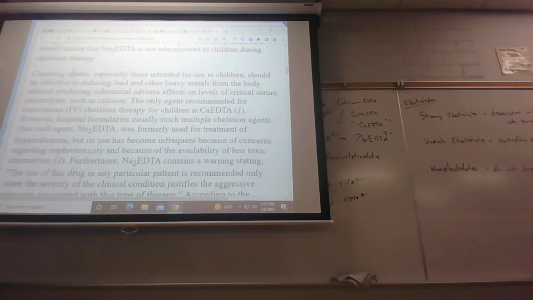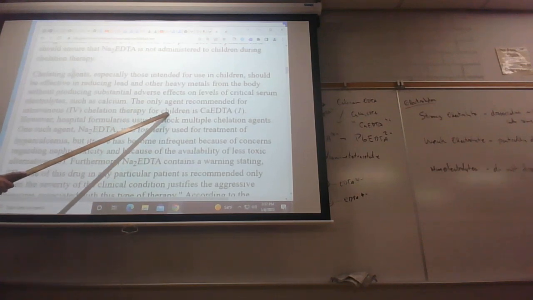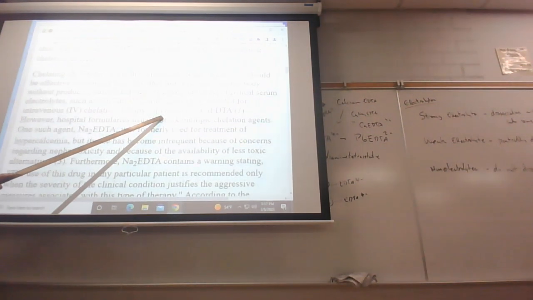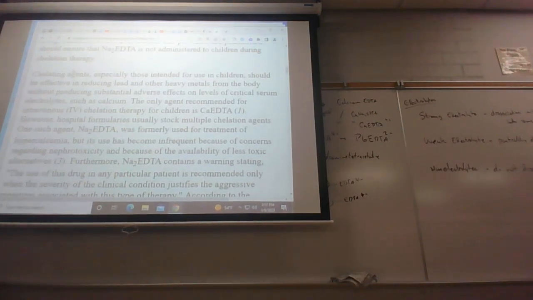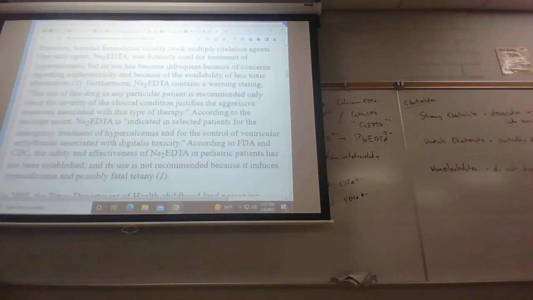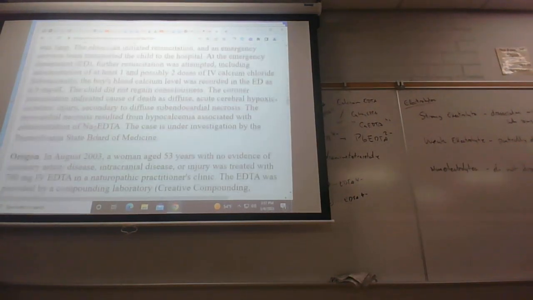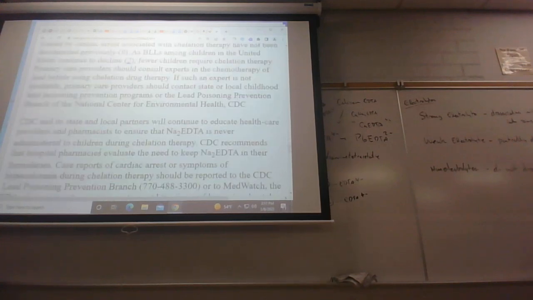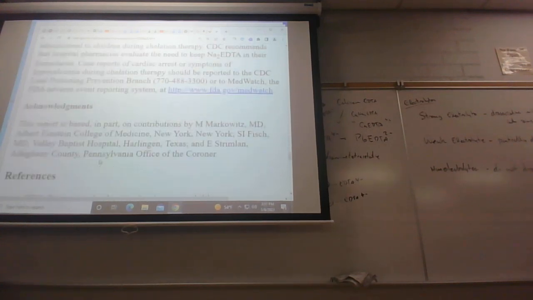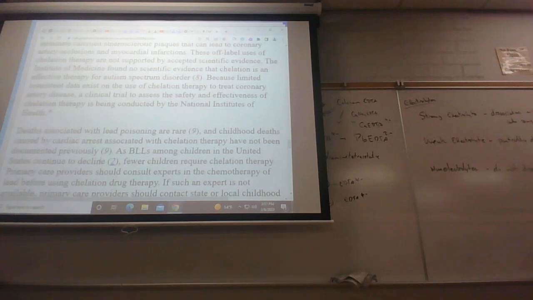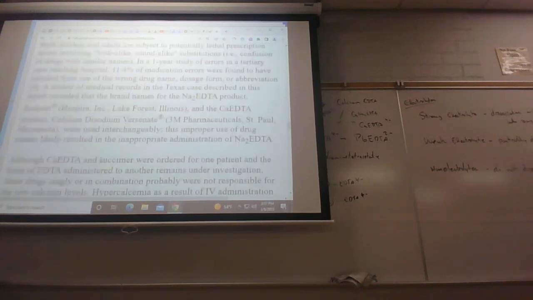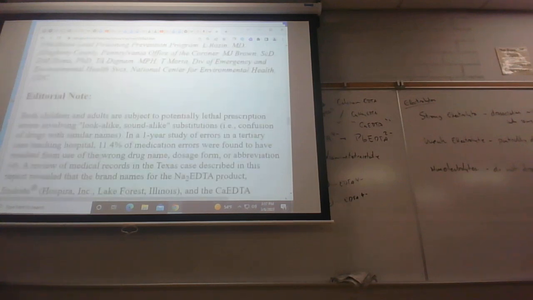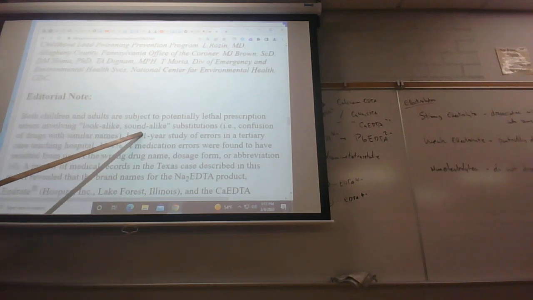However, that's for adults. For children, do you want both therapies? No, you probably want the more mild therapy, which is calcium EDTA. The problem with this, we'll just scroll to the conclusion, is look alike, sound alike.